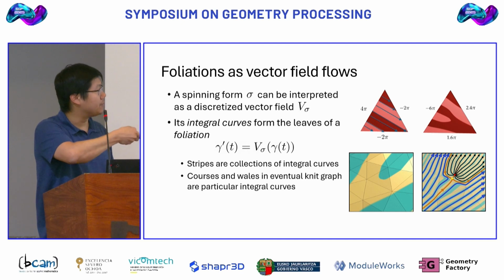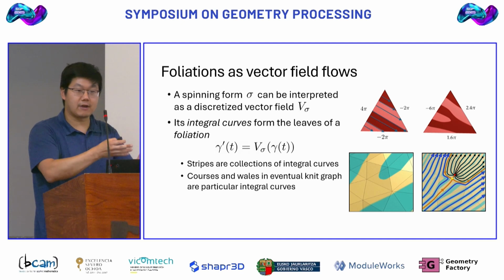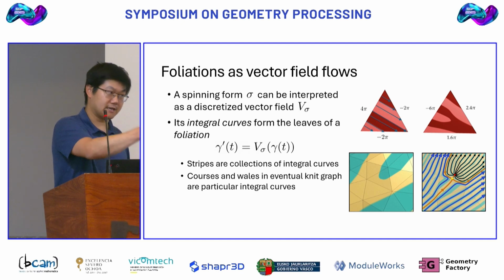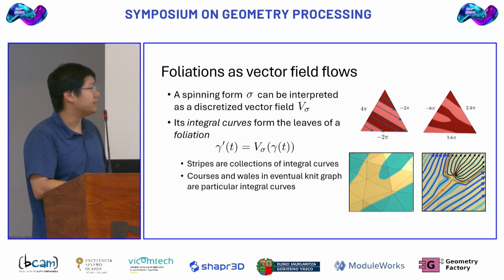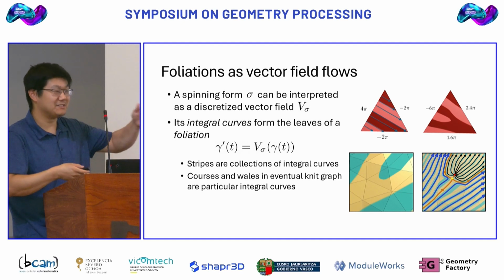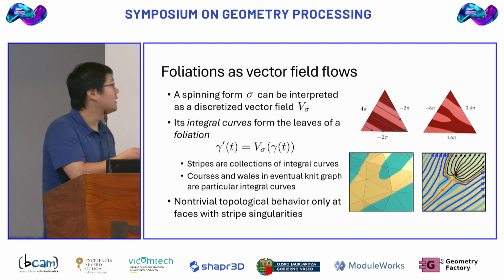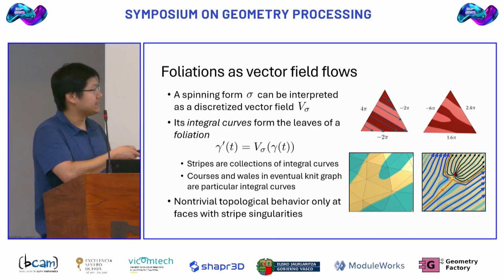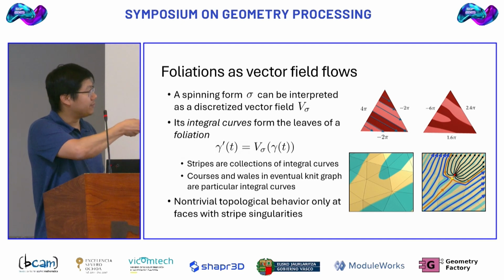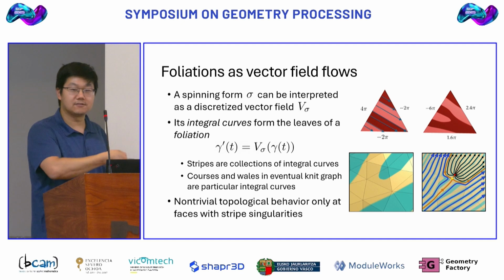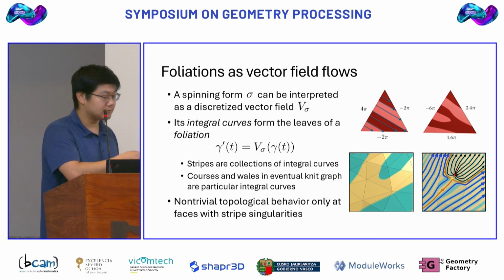So maybe a pi worth of integral curves is a stripe. And courses and whales in the eventual knit graph are periodically sampled integral curves of the foliation. So indeed, we do care about how these integral curves behave. And obviously the only non-trivial topological behavior you can see is at these particular stripe singularities.